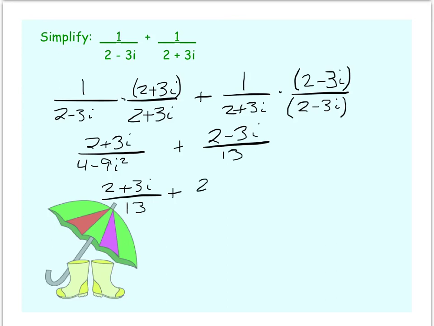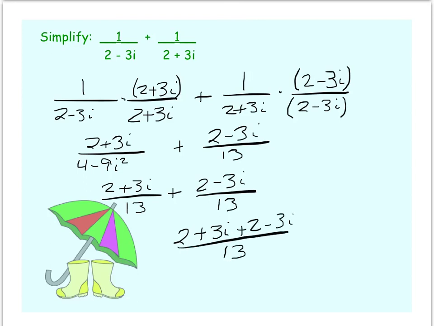So plus 2 minus 3i over 13. So now we have just 2 plus 3i plus another 2 minus 3i all over 13. My 3i's cancel out, and I'm left with 4/13. So if I add the reciprocals of two conjugates, I'm adding two complex numbers and getting a real number. Kind of interesting.